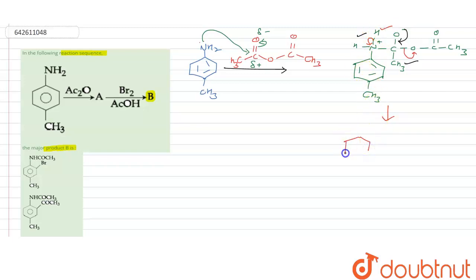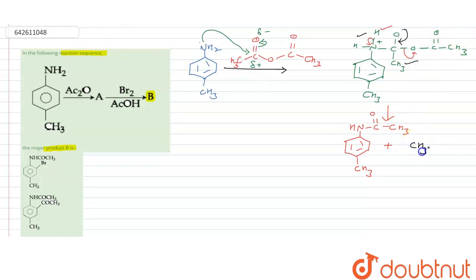So the product looks like this: this is our benzene ring and this is nitrogen, and now we are left with only one hydrogen, so this is NH. Then C double bond O, and this is CH3, and at the 4th position there is also a CH3 group. From here the acetate leaving group will leave, forming acetic acid.